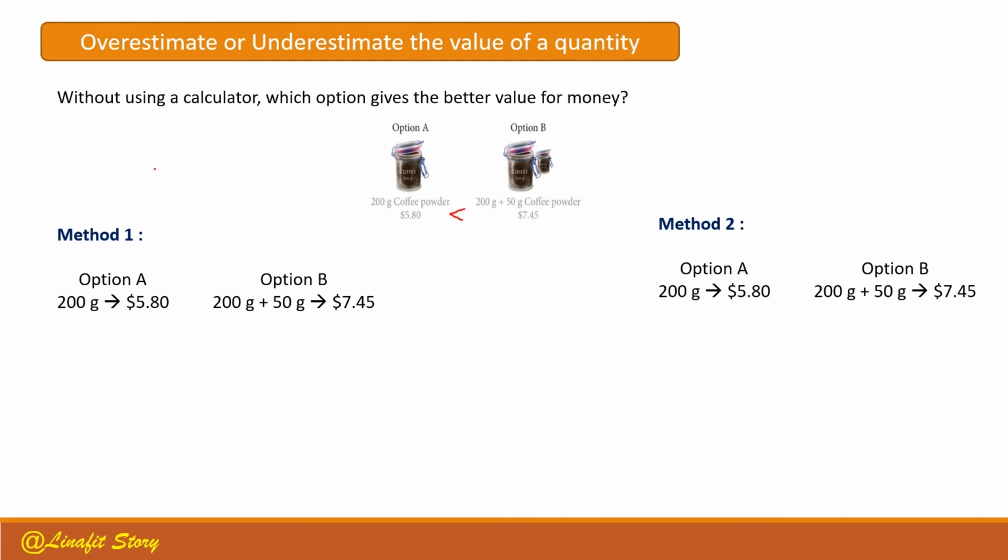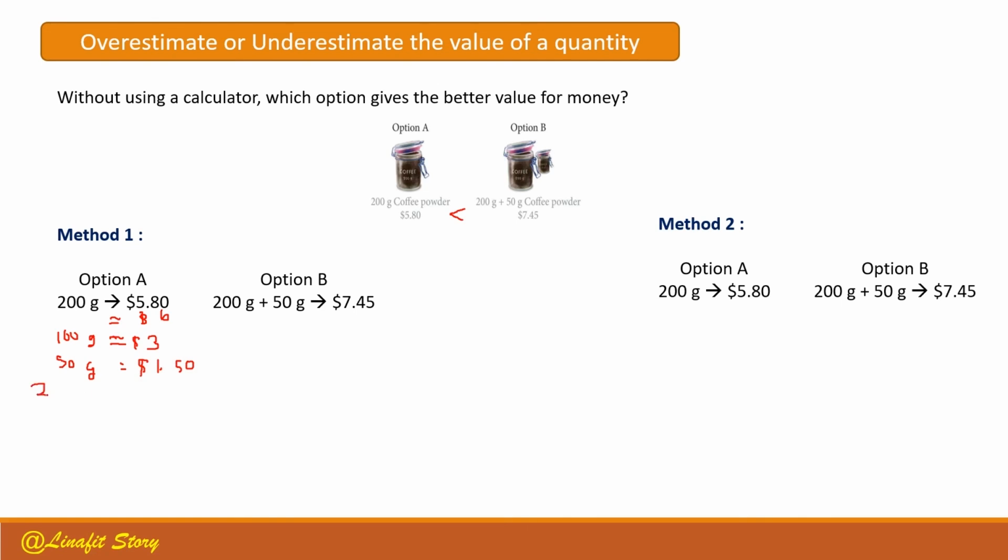So there are two methods. This one is the first method. In option A, 200 grams cost about $6. So 100 grams cost about $3. 50 grams cost about $1.50.